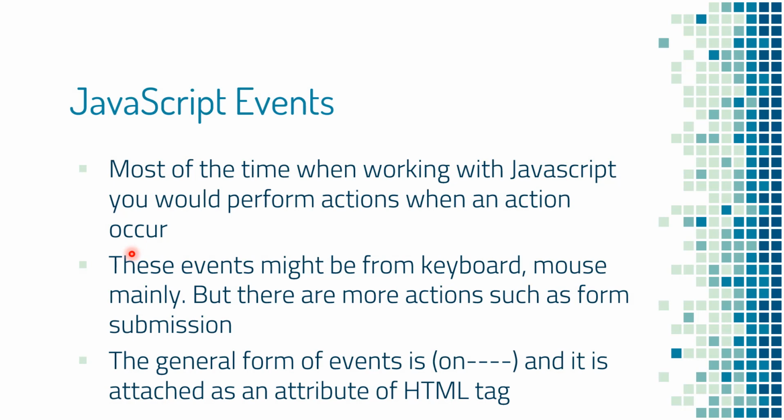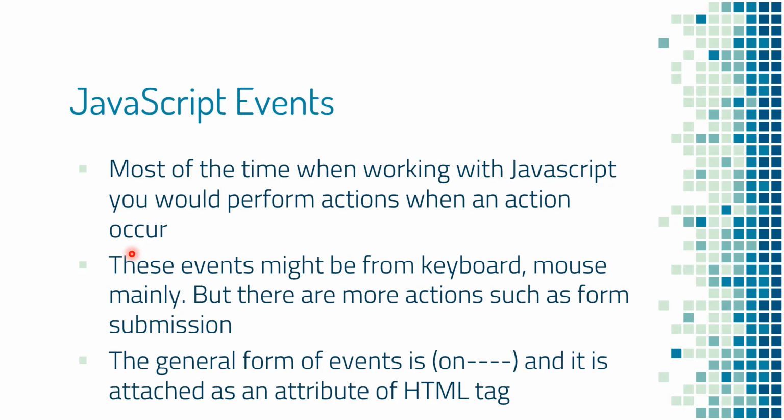So the last topic in this chapter is JavaScript events. Most of the time when you are working with JavaScript, you would like to perform your code based on a specific event. Let's say you want to validate whether the user has entered the right information in the form or not.